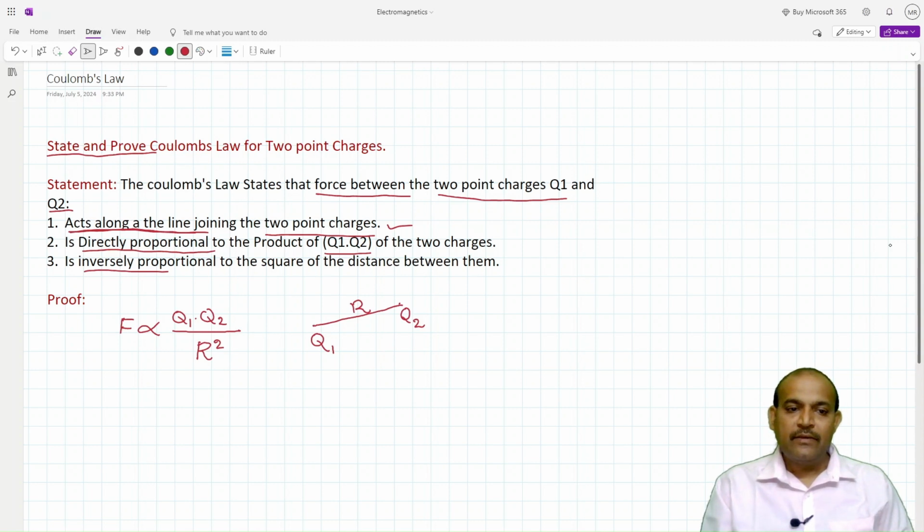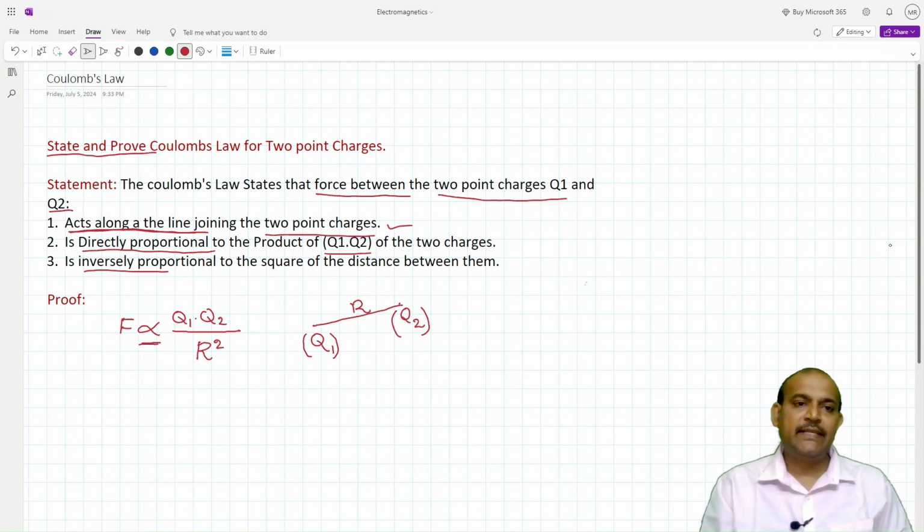So the force is directly proportional to the product of Q1 and Q2, and inversely proportional to the square of this distance, therefore r squared. So this is the statement of Coulomb's law. I have not talked about the direction of force yet. It is only the magnitude.